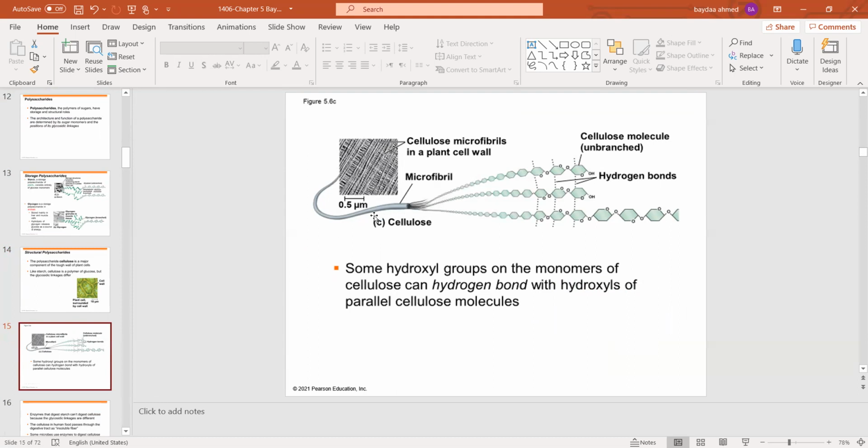These cable-like microfibrils are a strong building material for plants and an important substance for humans because cellulose is the major constituent of paper and the only component of cotton.